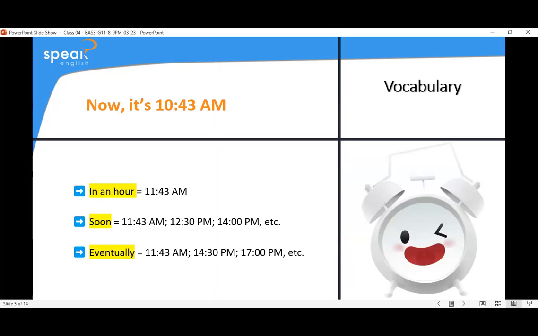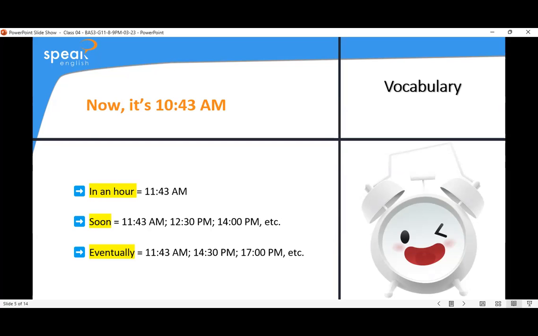So in an hour is going to be 11:43 a.m. But if I use the expression soon, another time expression, this one could be related, like probably not right now, not in an hour, probably 2 hours, 3 hours, 4 hours. So it's going to be soon.